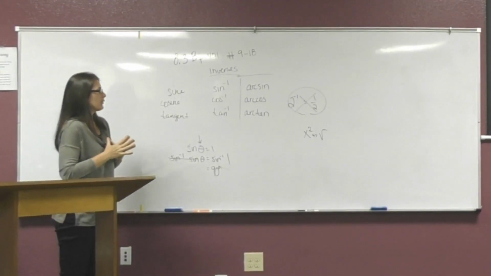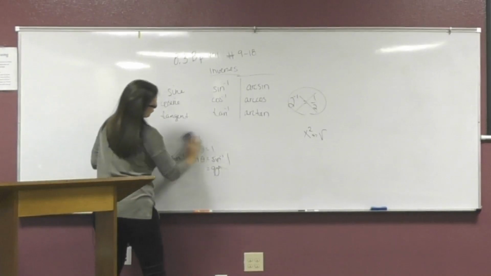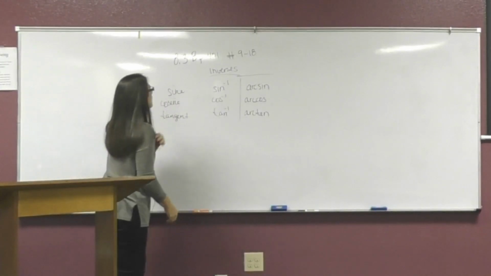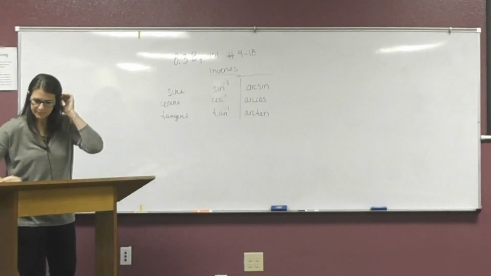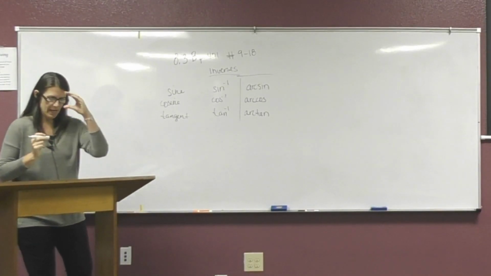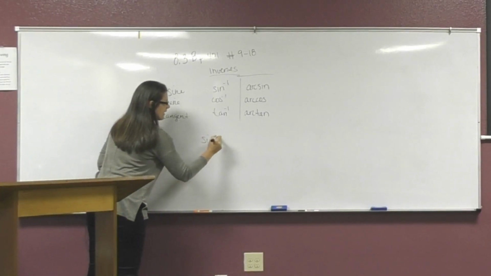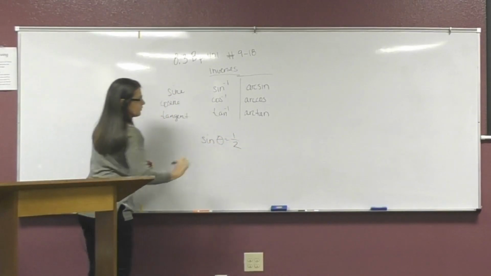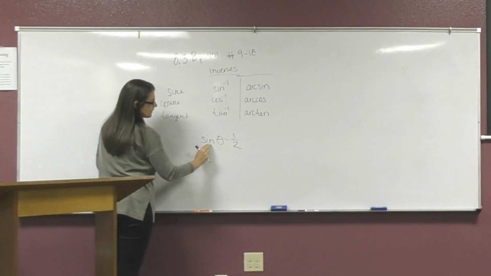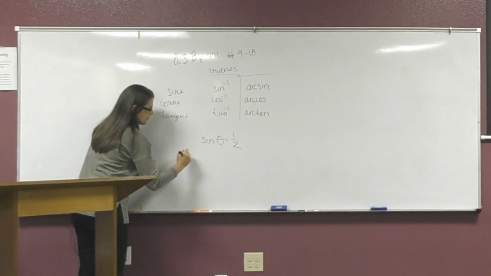In example 8.3b, let me get rid of some of this. Part A of example 8.3b has sine theta equals 1/2. Okay, so I undo this sine, I isolate theta by doing the inverse.